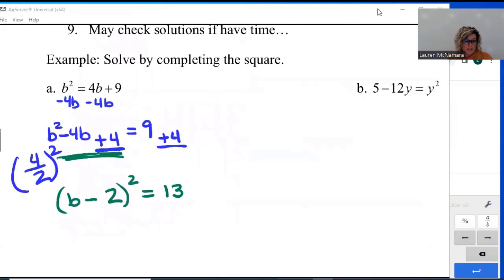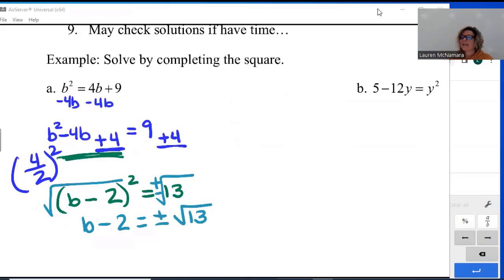So I take the square root of both sides. Don't forget about your plus and minus. Huge. So then I have b minus 2 equals plus or minus the square root of 13. I can't reduce that square root of 13, so I'm just going to leave it just like that.